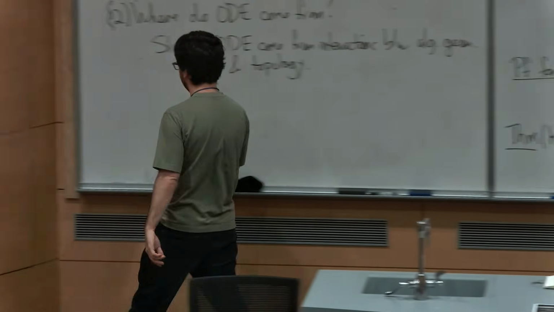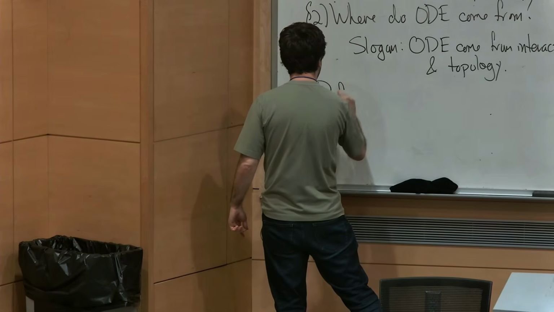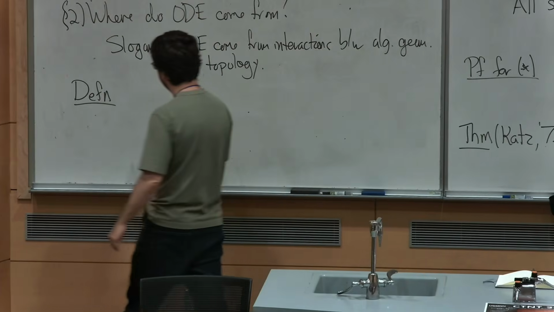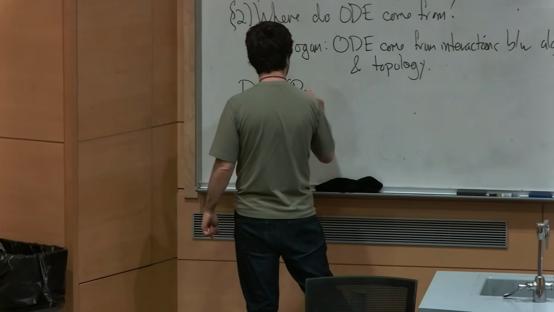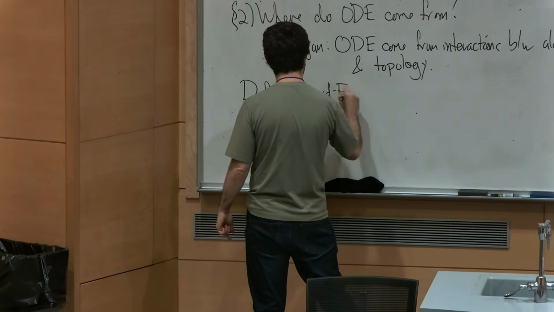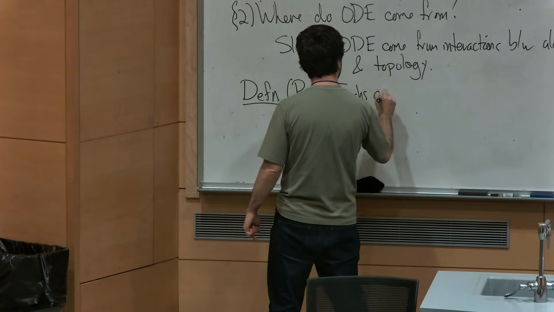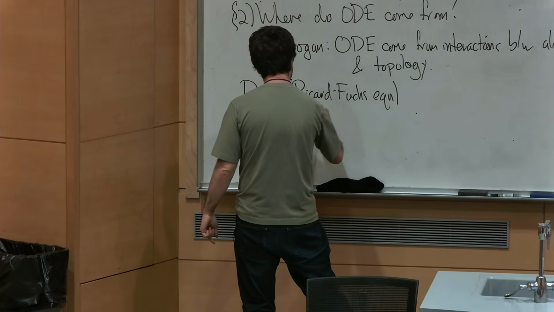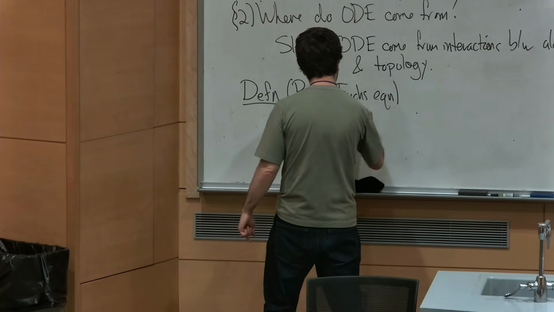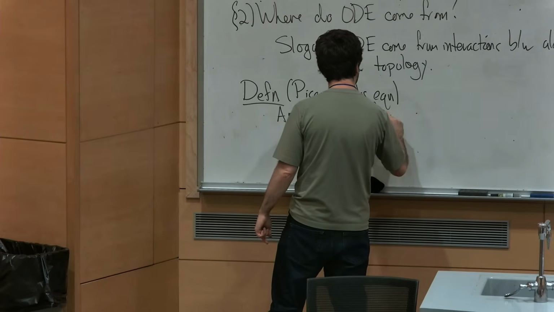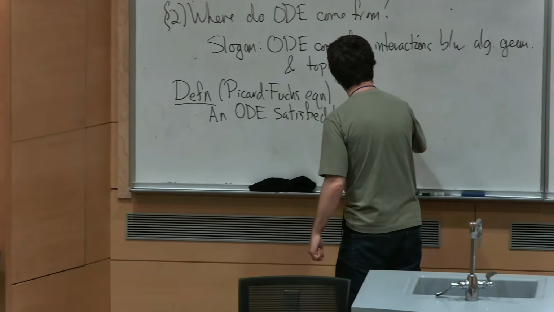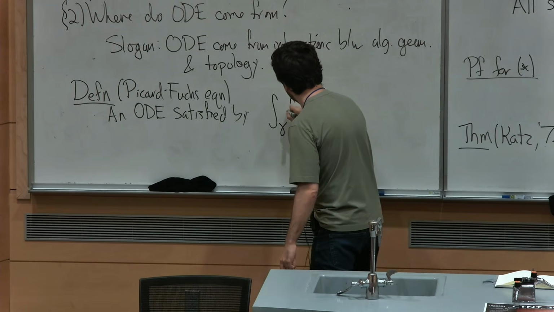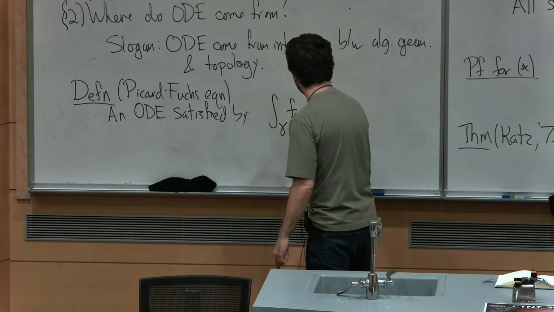So here's a kind of working stiff's definition of a Picard-Fuchs equation. It's an ODE satisfied by the integral over some cycle of an algebraic function, or a family of algebraic functions.